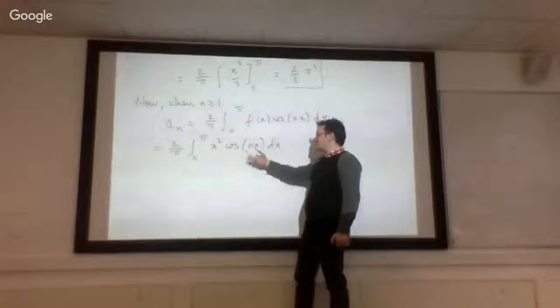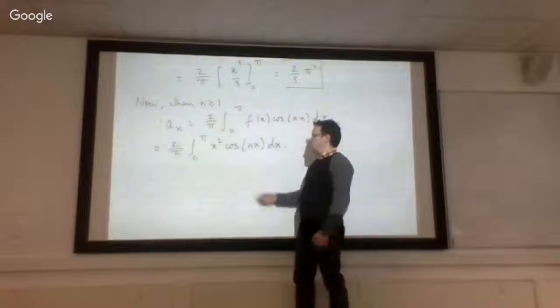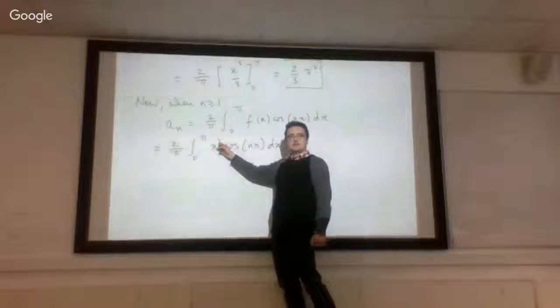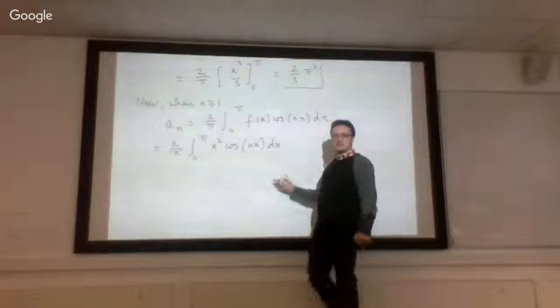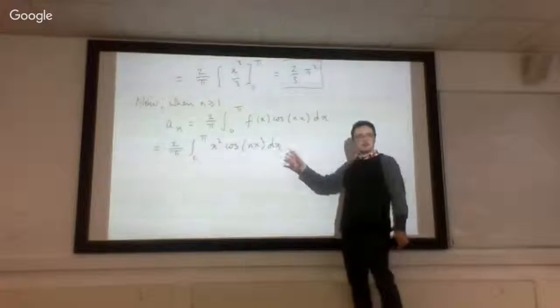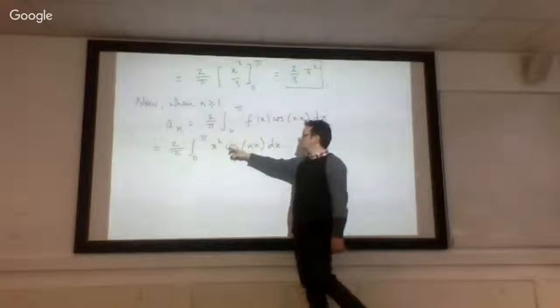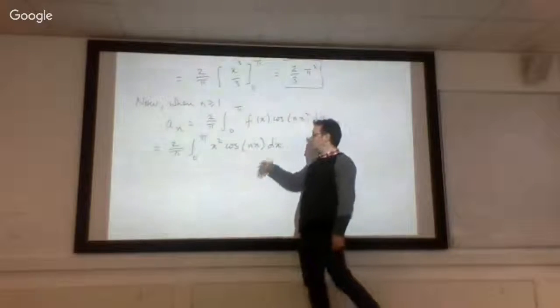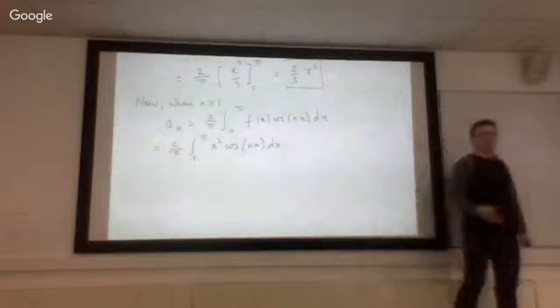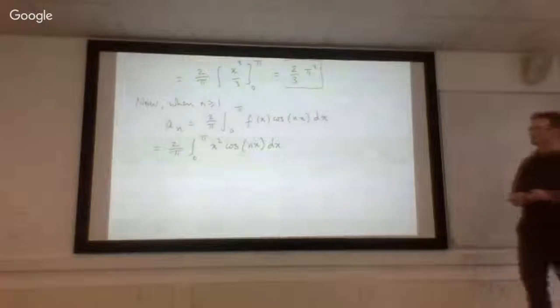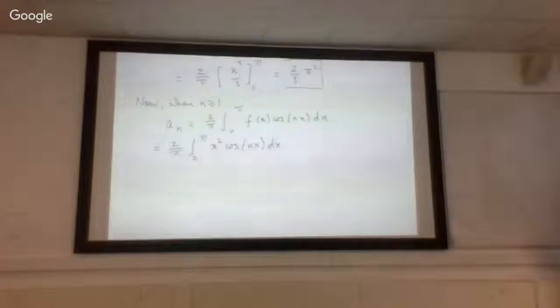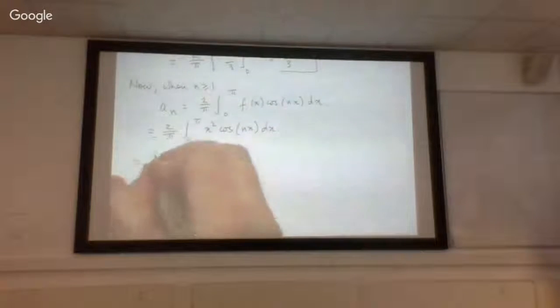So the one we want to simplify away in a couple of steps maybe is the x squared factor. So we want to keep hitting this with integration by parts, and eventually it'll turn into an integral of maybe a cosine or a sine. The cosine factor at the moment we can easily write as the derivative of something. It's the derivative of an appropriate sine function. So that looks to be the way to set it up for integration by parts.